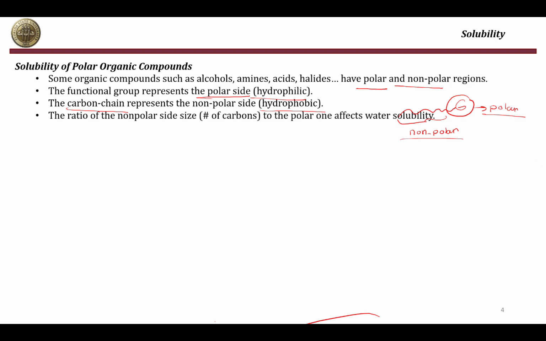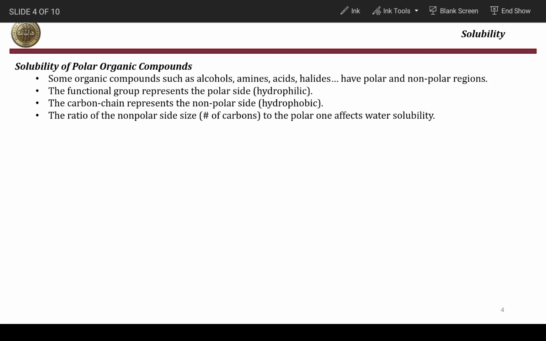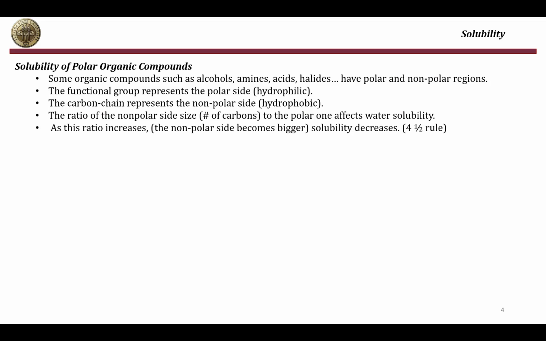The ratio of the non-polar side to the polar one affects the water solubility of this compound. So as this ratio increases, which means that as the number of carbons increases, then the solubility of these compounds in water will decrease. And we usually have a rule which is very common for alcohols and for amines, and it's called the 4.5 rule.